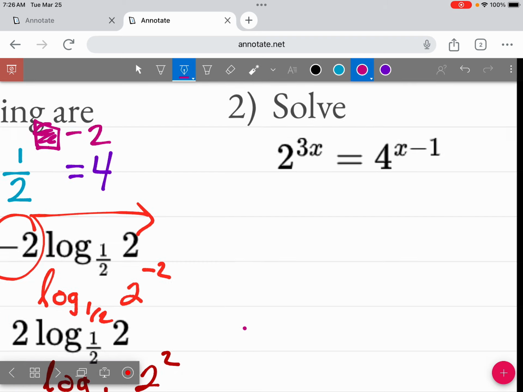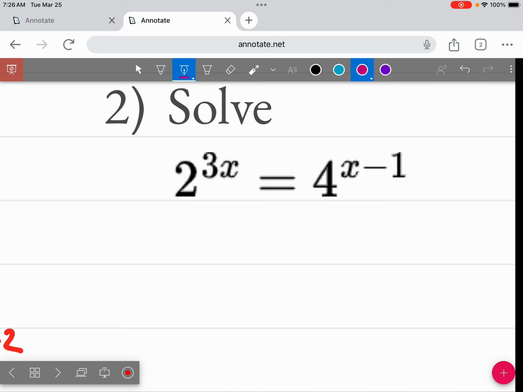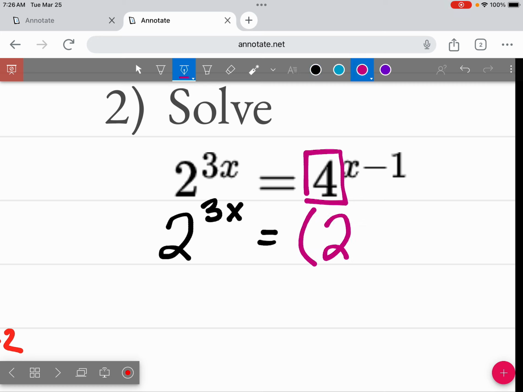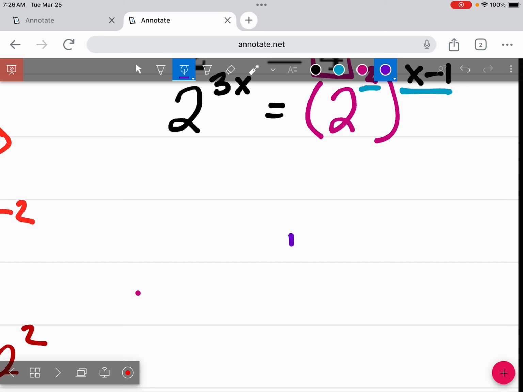In parentheses, you could put 2 squared and then the x minus 1 on the outside. Yeah. Because I can rewrite this as 2 to the 3x equals, and turn that 4 into our 2 squared to the x minus 1. What do I do with my 2 and my x minus 1 to get the parentheses to go away? It's multiplying them together.